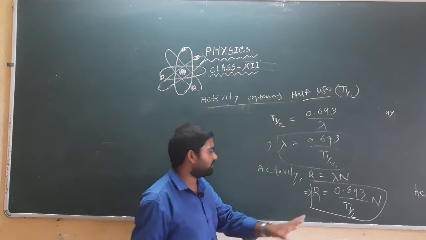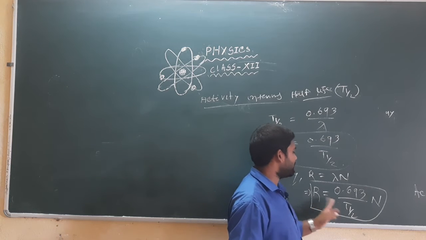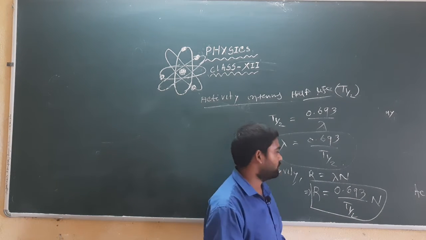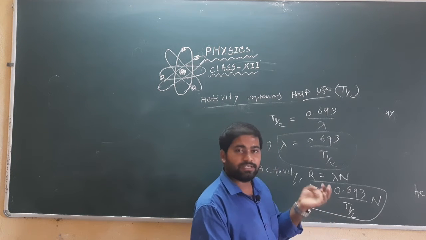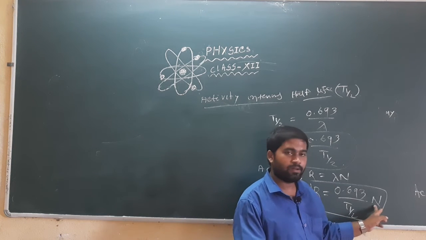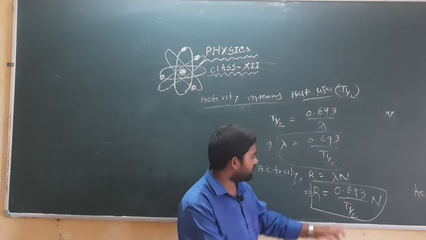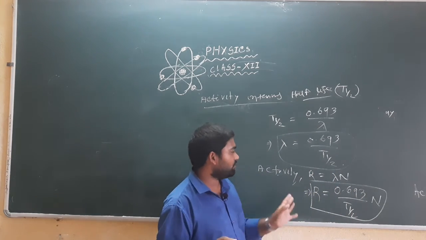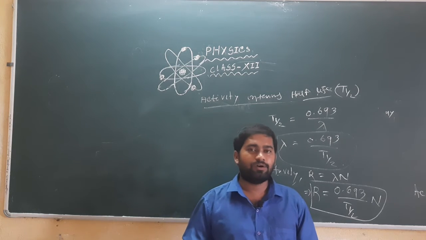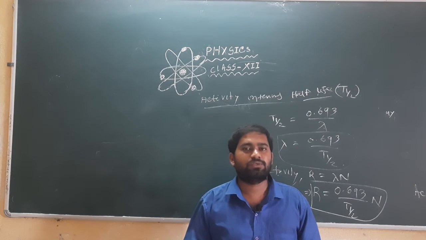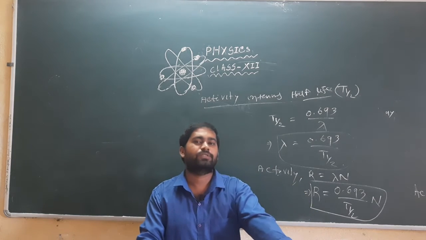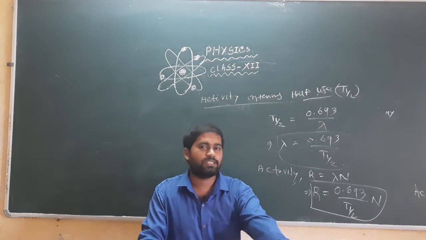If we observe here, the activity also depends inversely on the half life. It depends upon the number of atoms in the sample, decay constant, and half life. So these are the different terms associated with activity, and activity is a measure of disintegration per second.